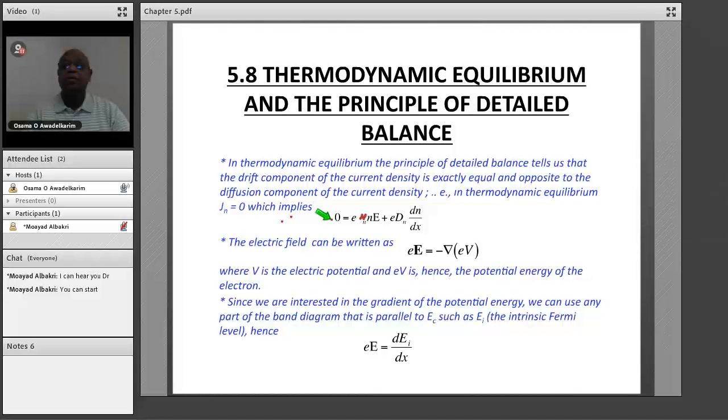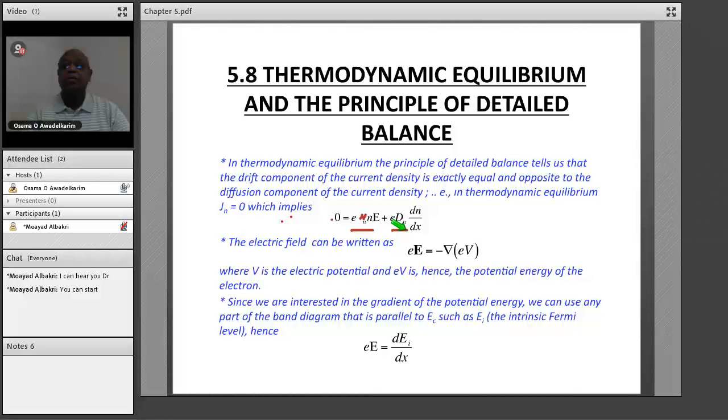Let's assume we have an n-type semiconductor. The drift current and the current that comes from diffusion sum to zero, and so this relationship is true. The electric field can be written as an internal electric field, since there is no external electric field applied.